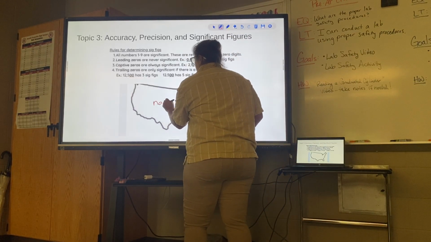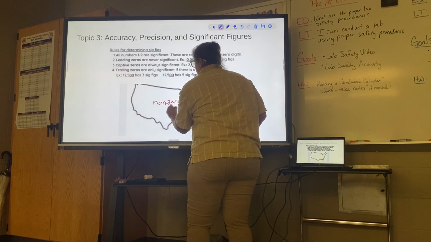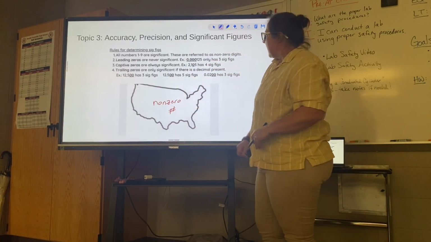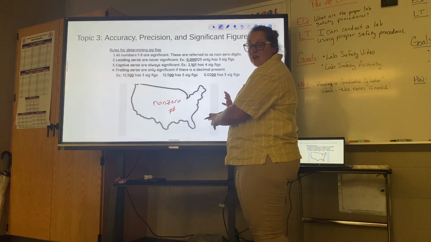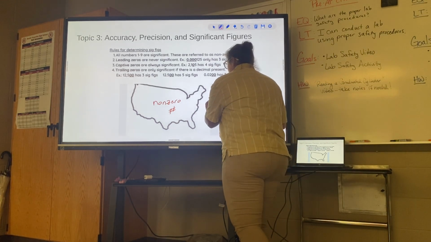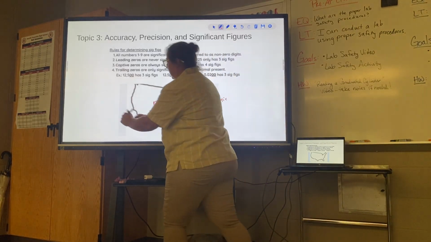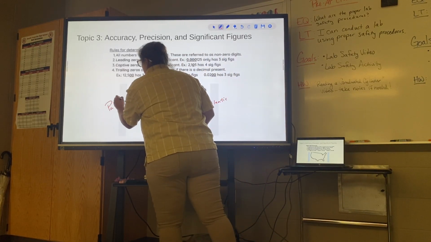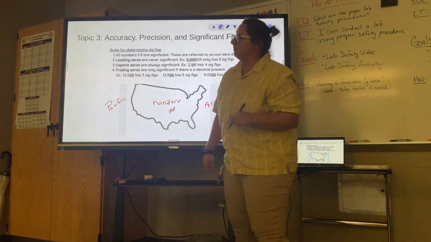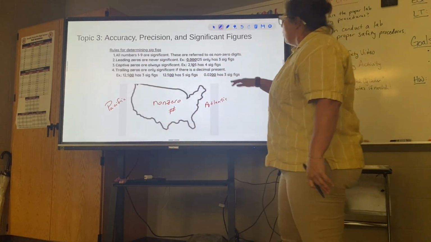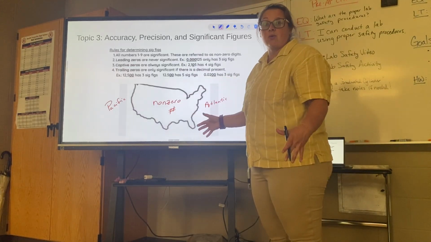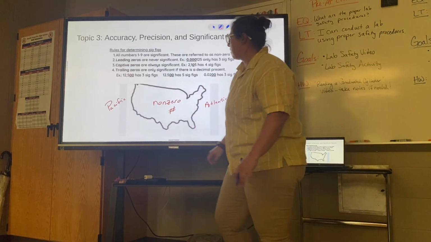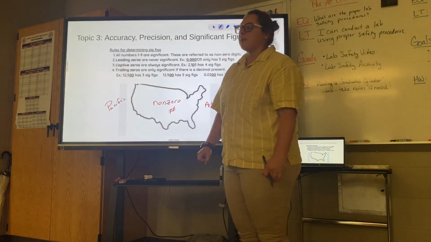And then a little bit of a geography lesson: the ocean over here is known as the Atlantic, and the ocean over here is known as the Pacific. Hopefully you knew that. What the ocean is representing is your zeros. So these are your zeros, these are your zeros.